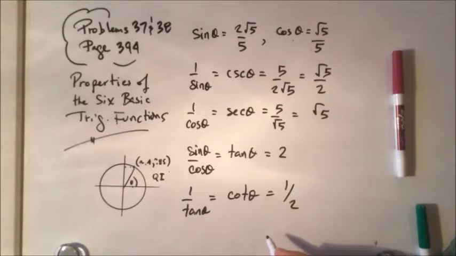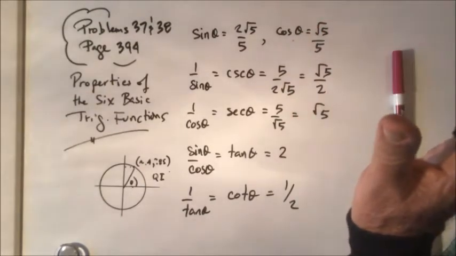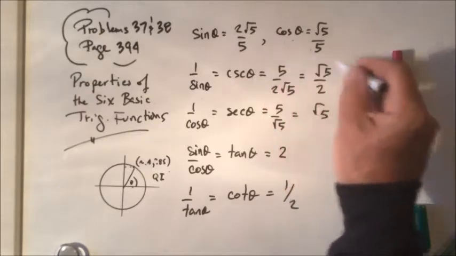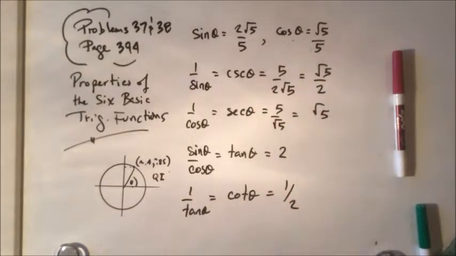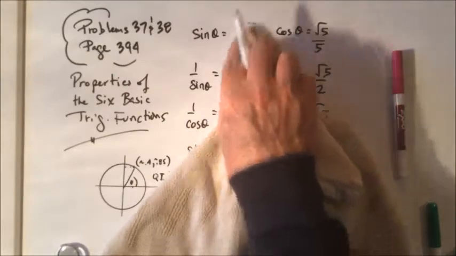Let's just look through that real quickly. I think that's right. So there's the values: sine, cosine, cosecant, secant, tangent, cotangent. That's problem 37. We're just going to do the same thing very quickly for problem 38.